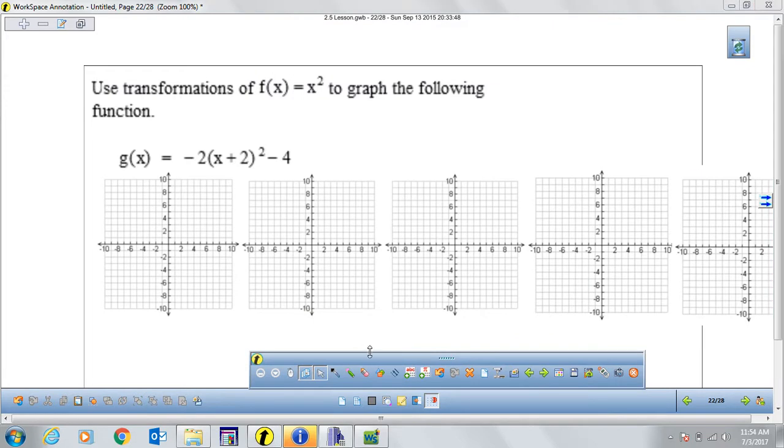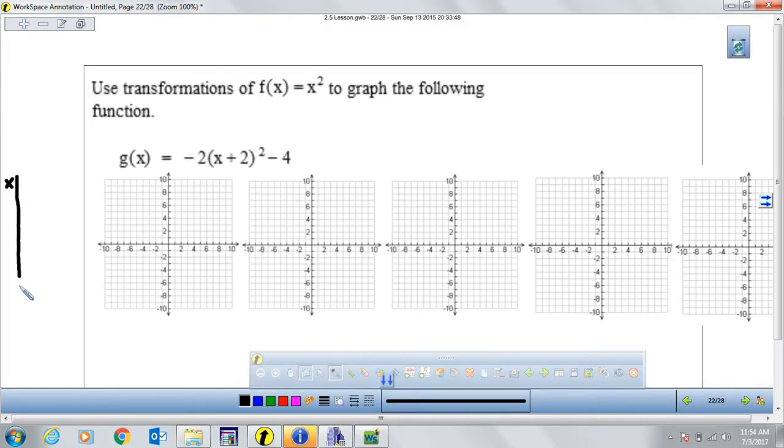So we need to begin again by creating a table for the function f of x. And the function is x squared. So we're going to use the values again, negative 2, negative 1, 0, 1, and 2.